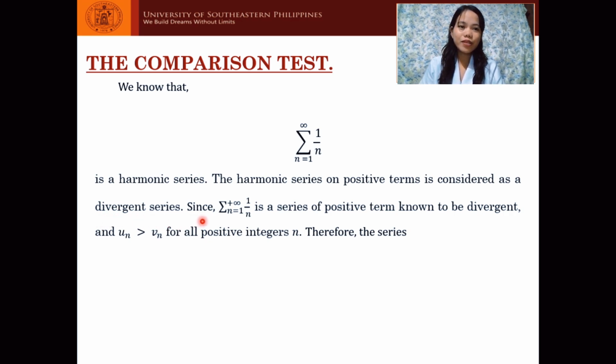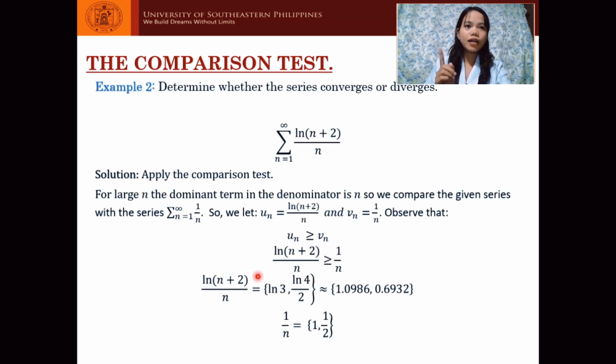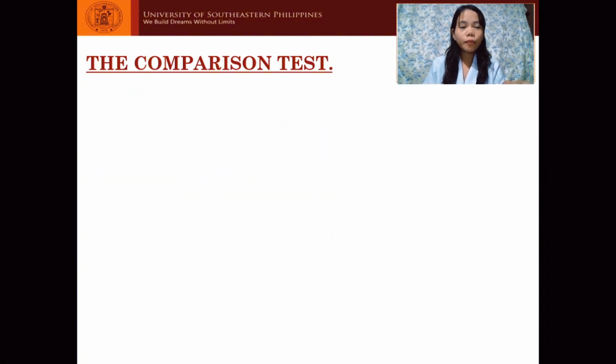And we really prove that u sub n is greater than v sub n, in which our u sub n is ln of n plus 2 over n and v sub n is 1 over n. So the ln of n plus 2 over n is greater than the 1 over n by just simply listing it, for all positive terms of n.